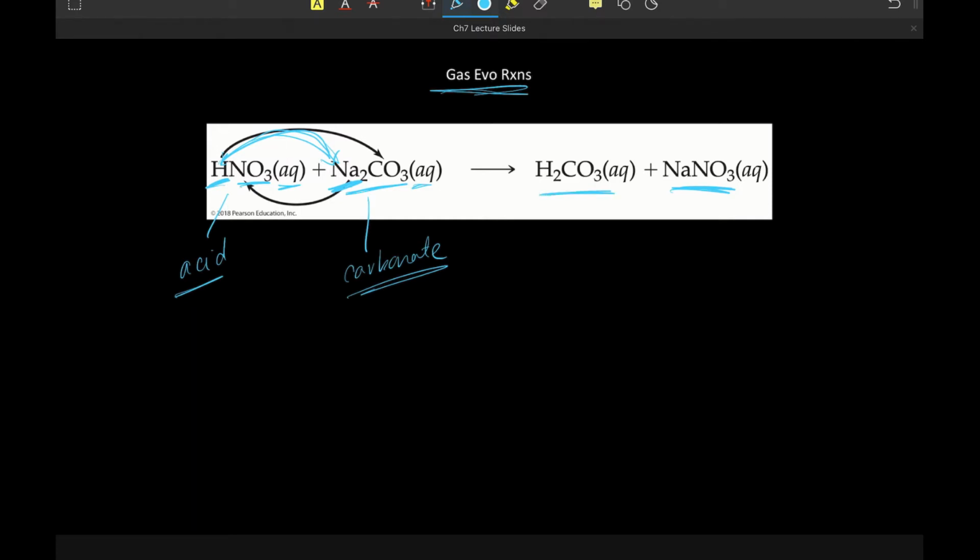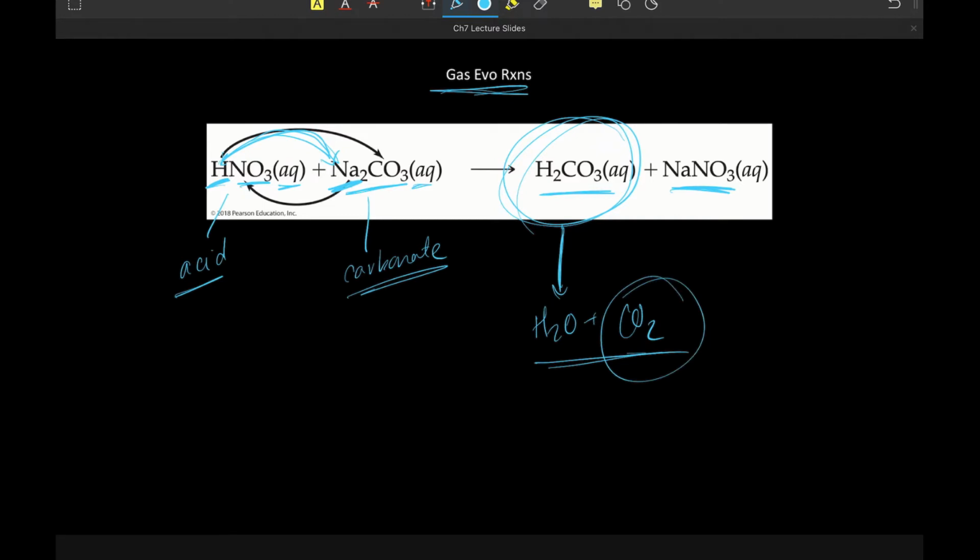Now, in a gas evolution reaction, there is something special that happens. It turns out there is a set of compounds that just instantaneously decompose. As in this will instantaneously decompose to form this, which means that when we do the reaction, what we're going to see is bubbles as the result of the decomposition of the H2CO3, where decomposition simply means the breaking down into smaller components.